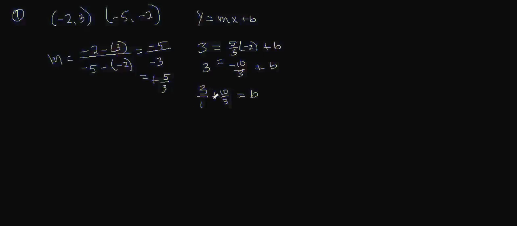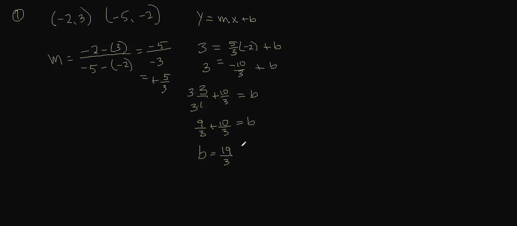Now, adding fractions can be a problem for many students still at this point. But if you recall that we need a common denominator to add these two, we just multiply 3 and 3 on both sides, and that will give us 9/3 plus 10/3. And of course, that's b equals 19 divided by 3.